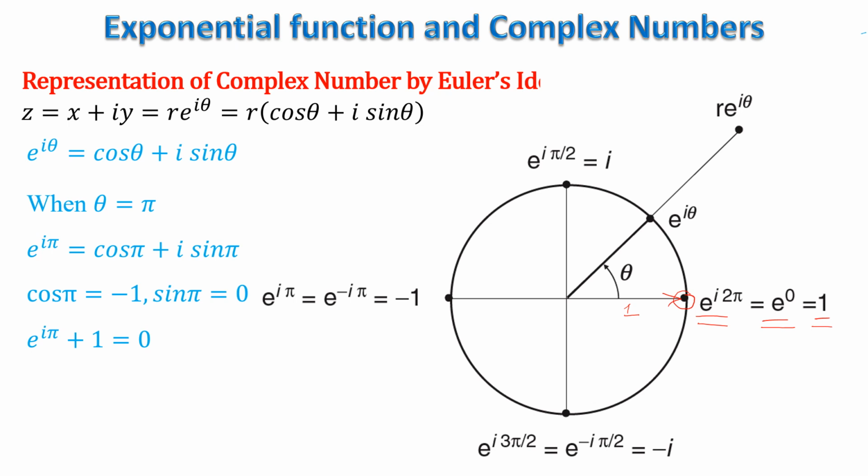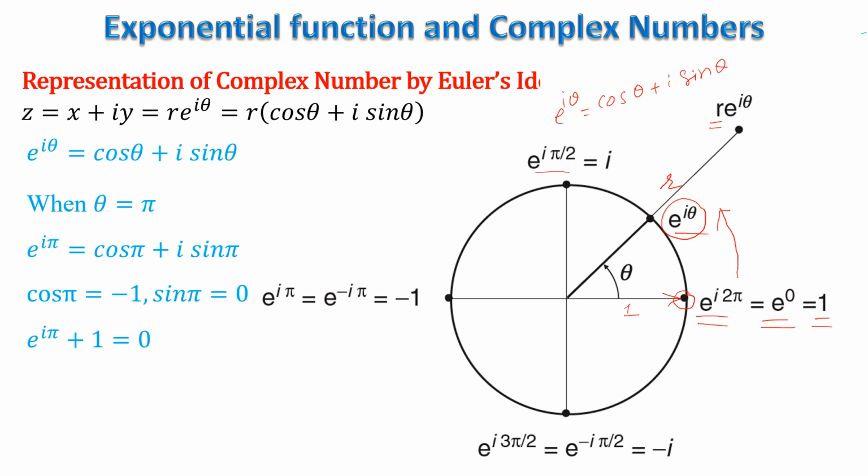In this fashion, we can increase the angle, and e to the power i theta, general theta, can be represented here. Another space point at distance r from the origin, we can write e to the power i theta, and in particular e to the power i theta is equal to cos theta plus i times sin theta.